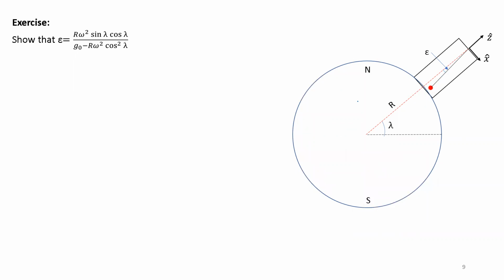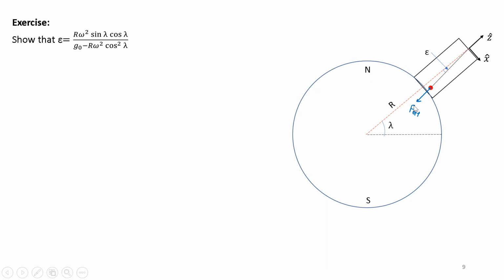At the end, if you find that the total effective force is pointing like this. Well, the total effective force, what I really mean is the gravitational force plus the fictitious forces.